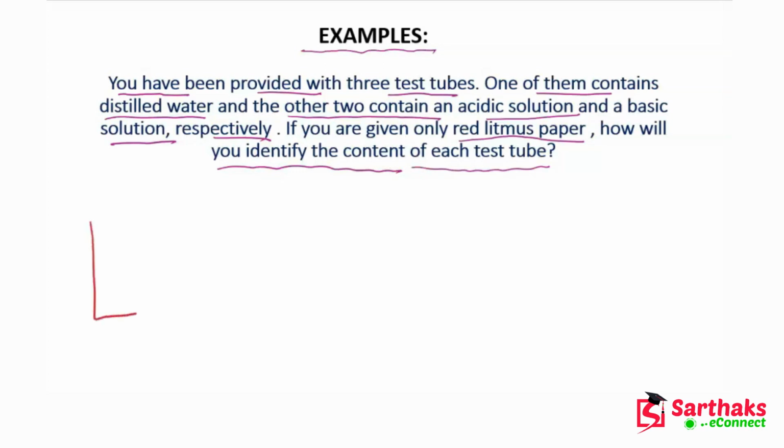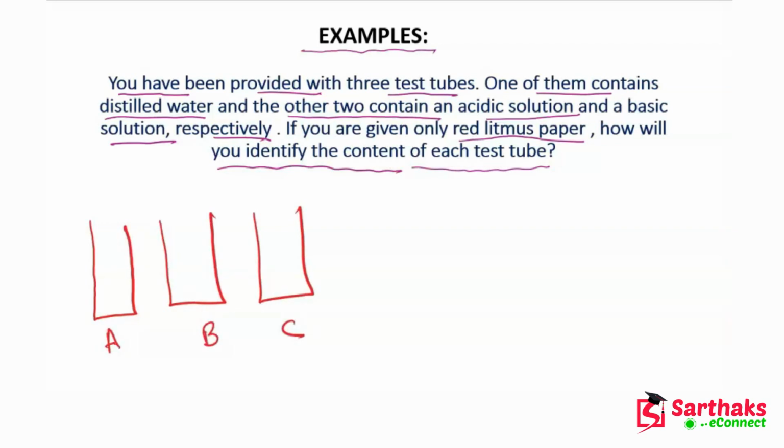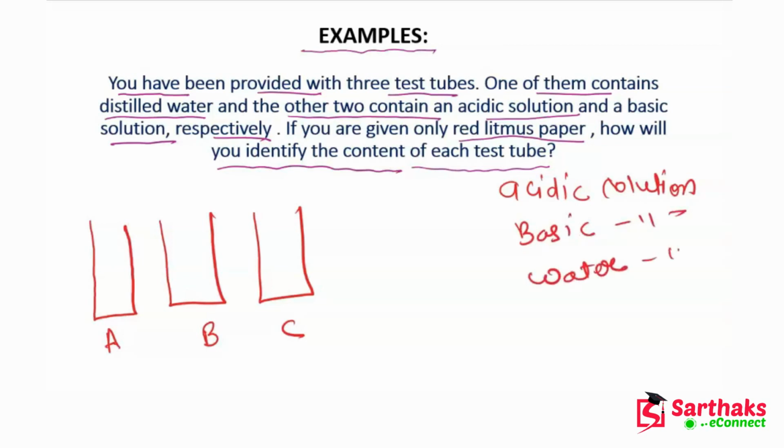So basically we have been given 3 test tubes like this. Let's give them the names A, B and C. In these 3 test tubes, there is an acidic solution, a basic solution and water. And you should know that distilled water is always neutral.